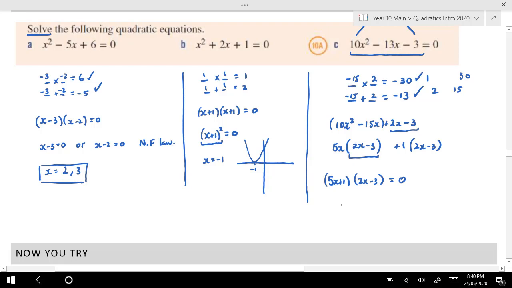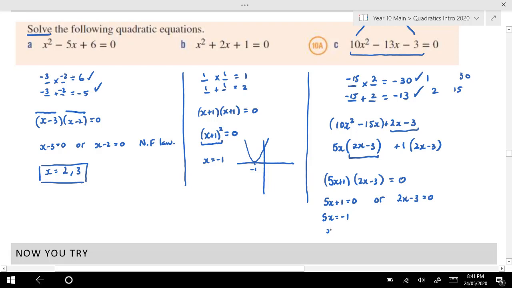A lot of these ones, like for example over here, it's pretty easy to see what they are, but you might want to write out this one. This is going to be a fraction. 5x plus 1 is equal to 0, or 2x minus 3 is equal to 0. So now we want to solve these. We want to get the 1 onto the other side, so 5x is equal to negative 1.